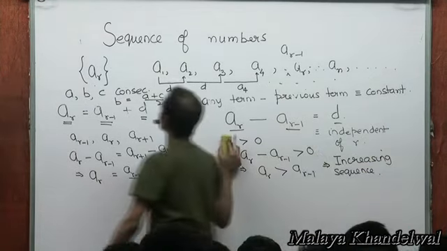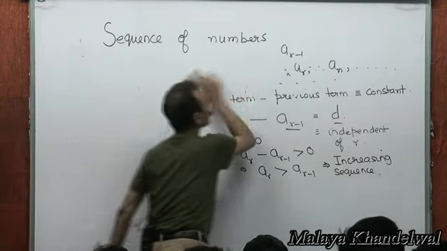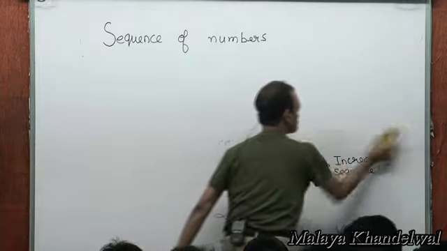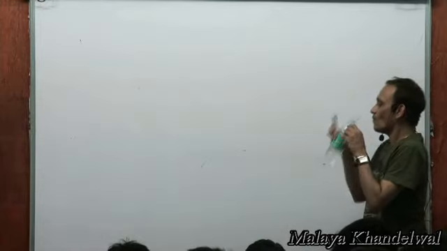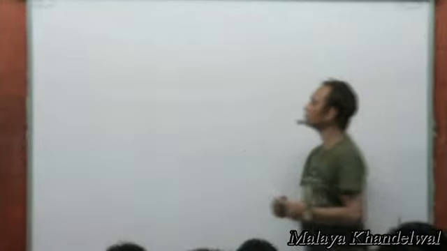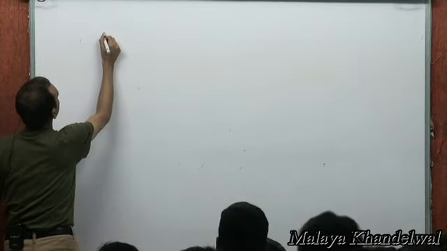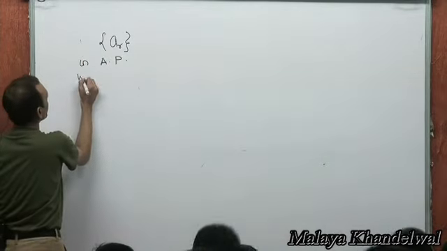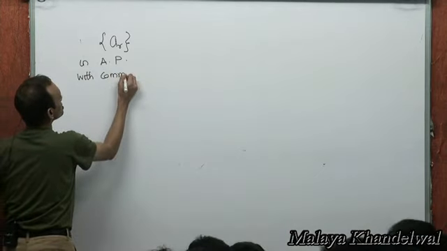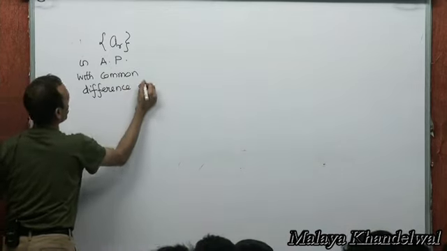Now, say I have a set of numbers AR in AP, in arithmetic progression with common difference D. Common difference means any term minus previous term.